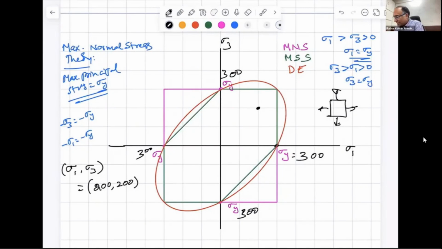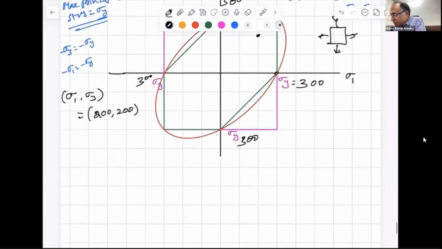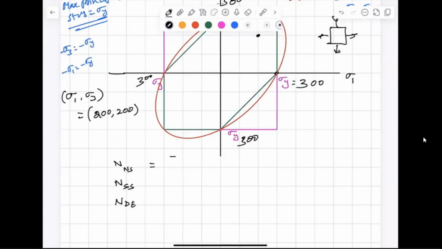Now, let us carefully observe this. Let us calculate the factor of safety according to normal stress theory, shear stress theory, and distortion energy theory. What is factor of safety? Yield strength divided by applied load.